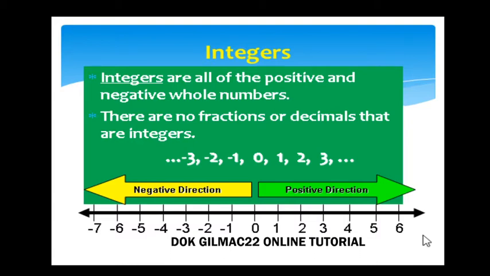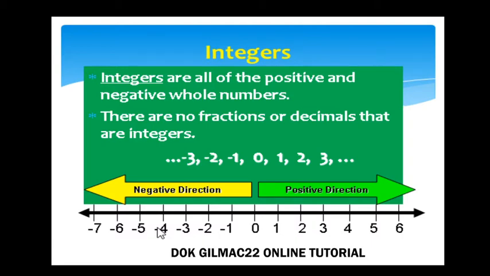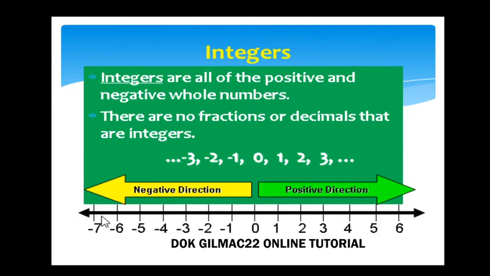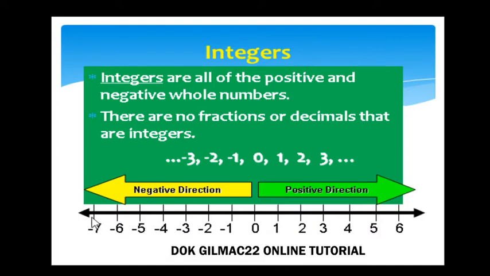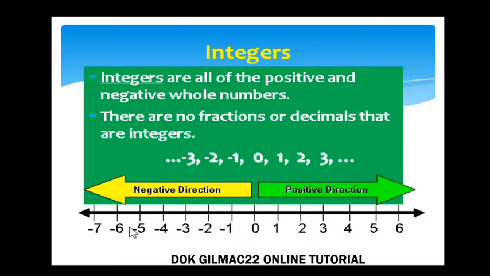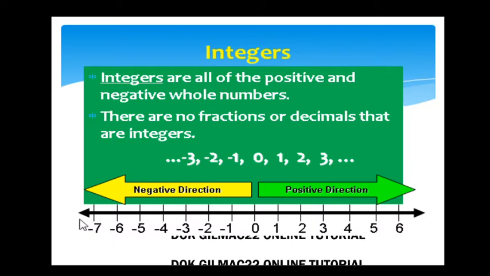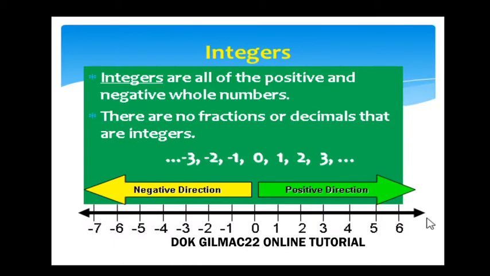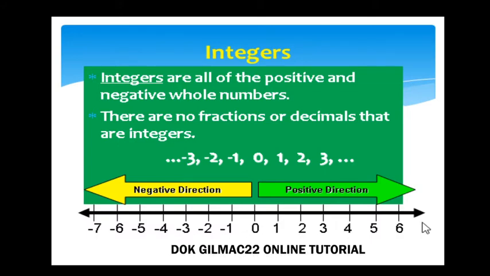So take note of that. Once again, this is what we call the real number line. It's a graph of integers from negative to positive integers.